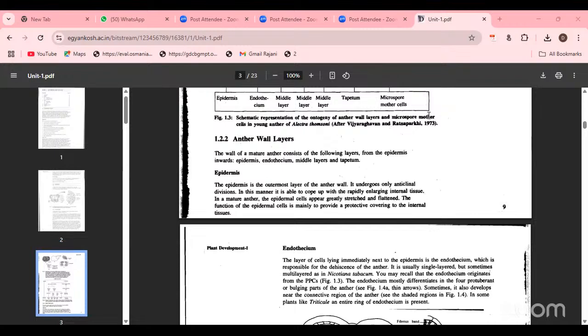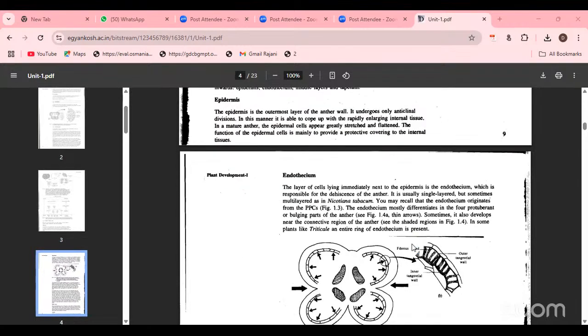The second one is the endothelium. The layer of cells lying immediately next to the epidermis is the endothelium, which is responsible for the dehiscence of the anther. This is the most important for the dehiscence of the anther.